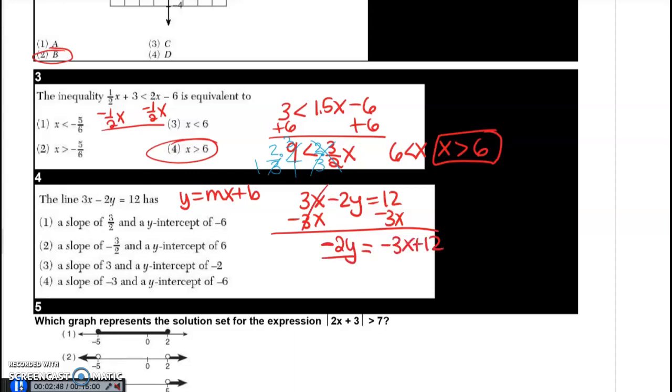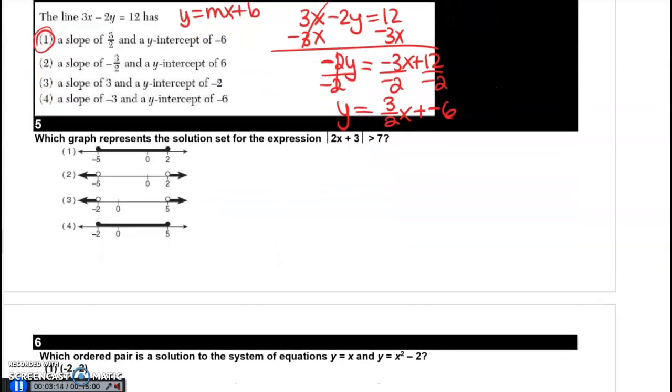Okay, and we're going to divide everything by -2. So we just have to make sure that when we do that, -3 divided by -2 is a positive 3/2 x. And then 12 divided by -2 is -6. Okay, so slope of 3/2 and y-intercept of -6.